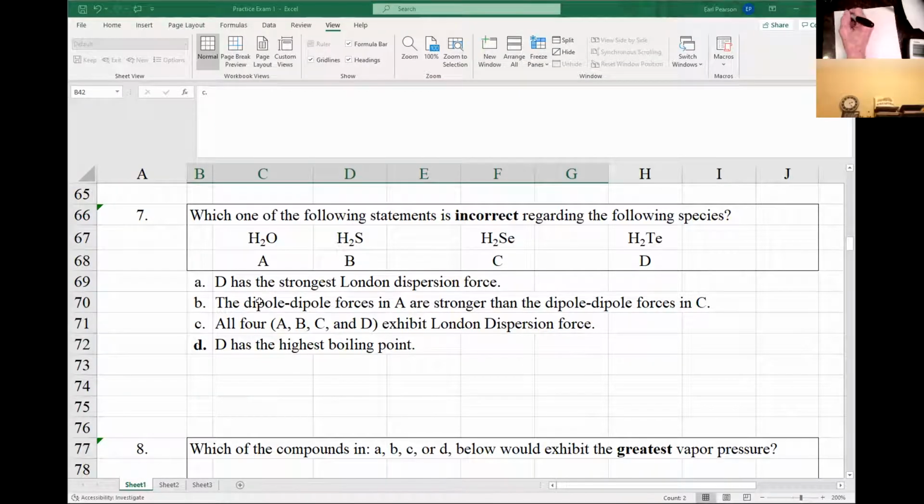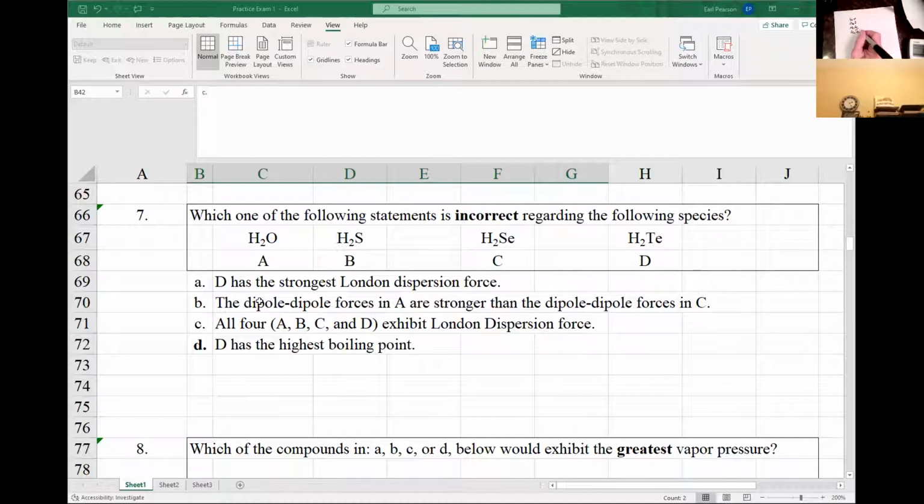We're looking at H2O, H2S, H2Se, and H2Te.